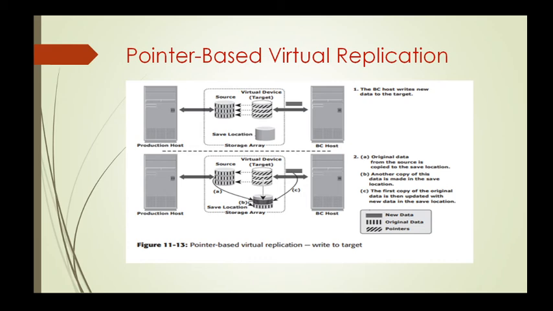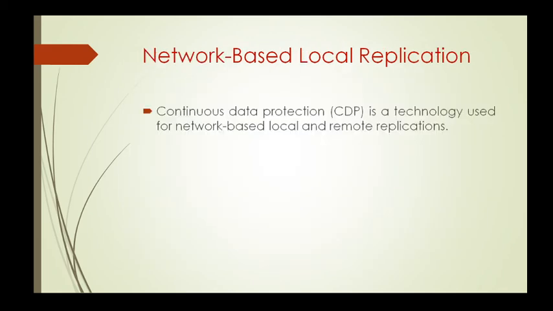And then we have the network based local replication. In network based replication, the replication occurs at the network layer between the host and the storage array. Network based replication combines the benefits of both the storage array based and host based replications.